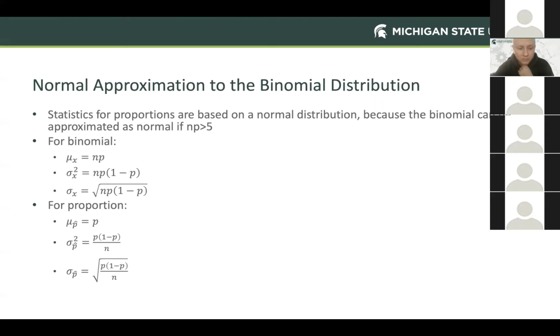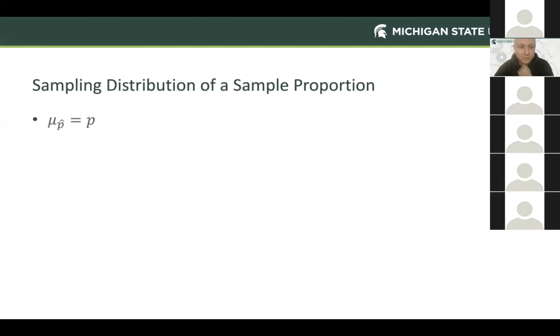And so those are what we're going to make use of today as we develop a large sample test for comparing proportions, whether that's 1 sample to 1 reference value or comparing proportions across 2 different samples, for example, okay? And so for the sampling distribution we're working with here, the mean of that distribution is just whatever that proportion P is equal to. The standard deviation is as shown on the preceding slide.